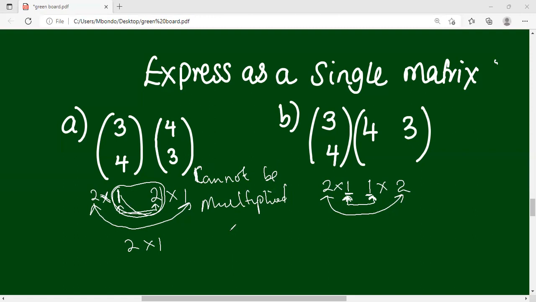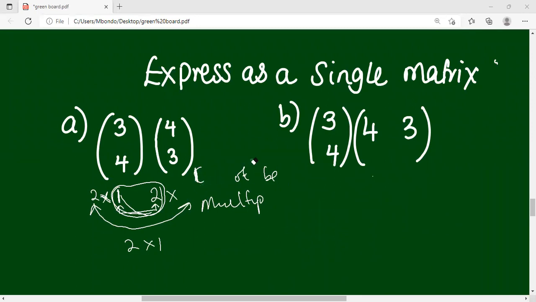All right? What about the second one? I've told you that the second one we can multiply. We have this hint here. And after we have applied this hint, we also know the second hint that the answer is going to be a 2 by 2 matrix. Is that clear? I hope you've gotten that one.